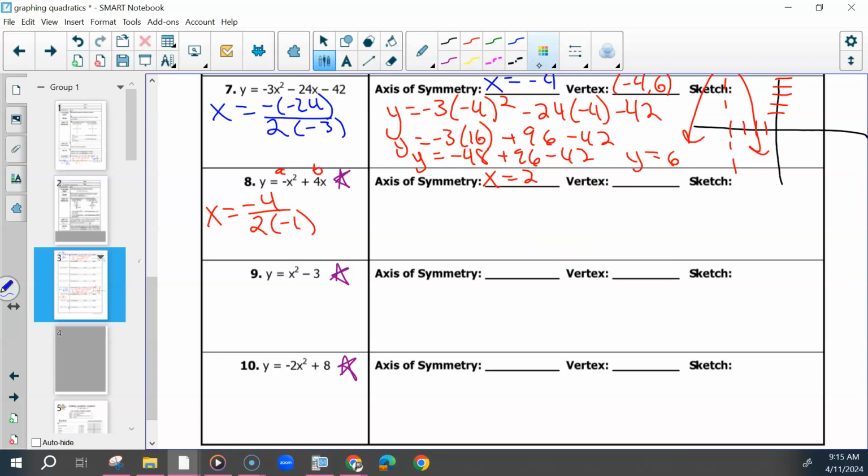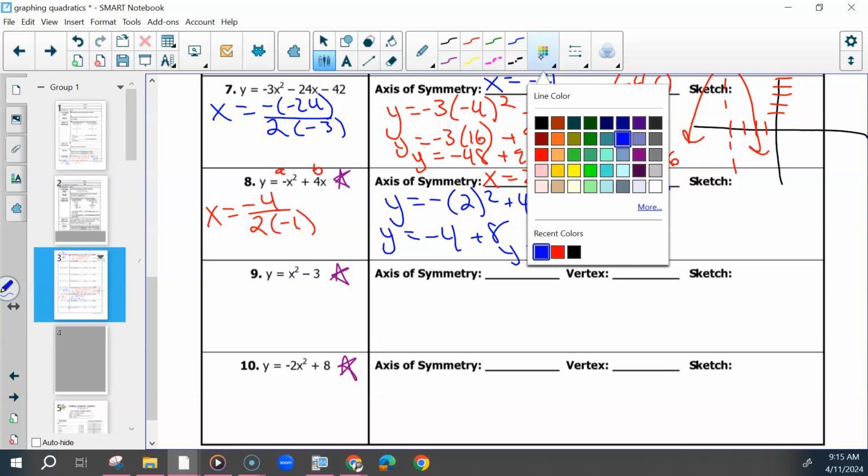And then put that into all of your x's and find y. +4. So your vertex would be 2, 4. Draw in that rough sketch.